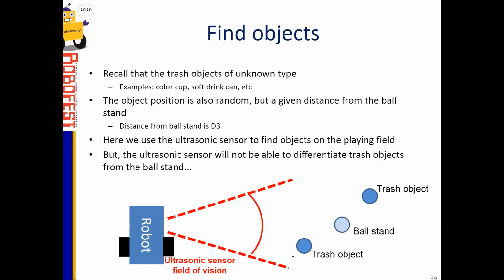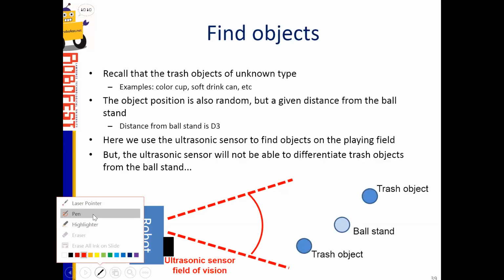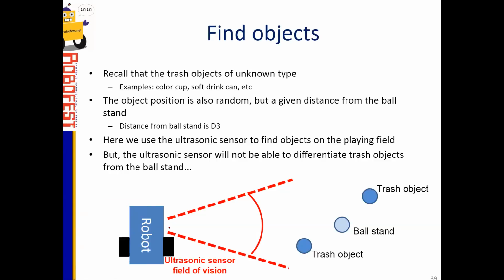But if you look at the screen we have here, one of the interesting things about the ultrasonic sensor is it doesn't see in a nice straight line. It sees out in a cone. So if anything is within this cone of vision for the ultrasonic sensor, it will pick it up. Ultimately, it could be seeing all three of these objects.